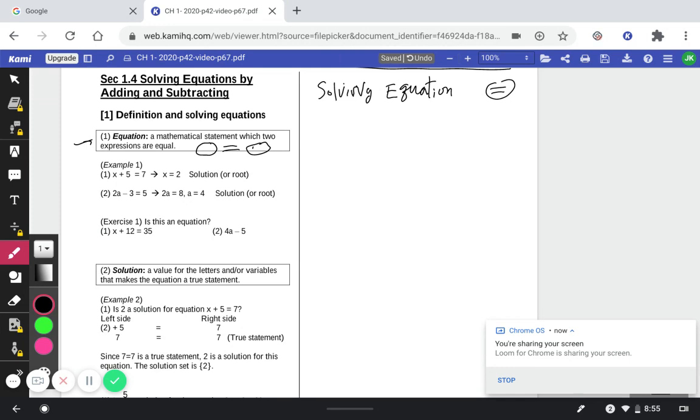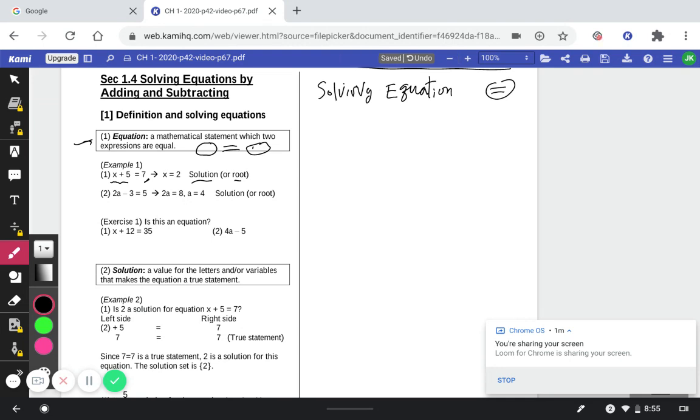For example, when you have x plus 5 equal to 7, that's the equation. When you solve this, x becomes 2. We call 2 either a solution or a root.